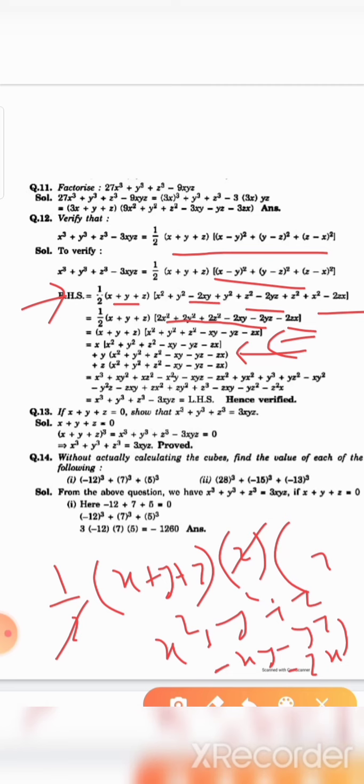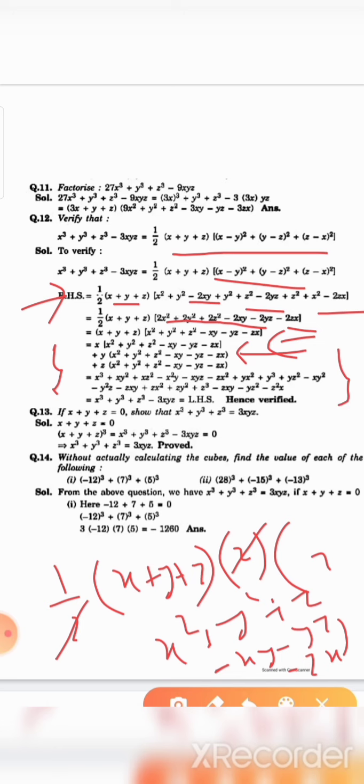Now by bracket multiplication, first we multiply the second bracket by x, then plus the second bracket multiplied by y, and then lastly multiplying the second bracket by z. Multiplying this bracket we get the step, expanding and simplifying this step.